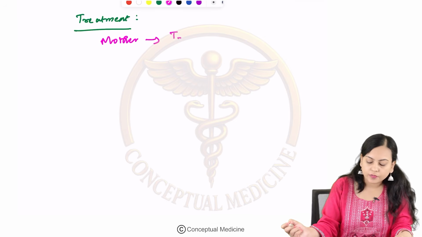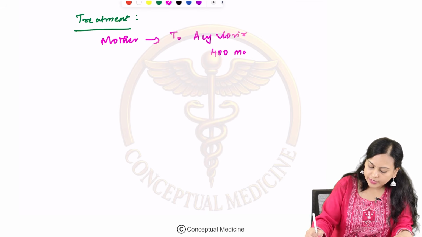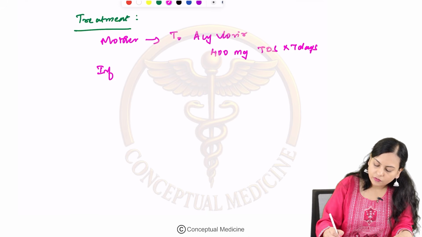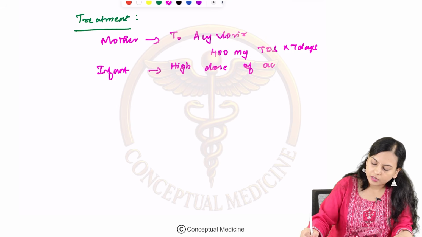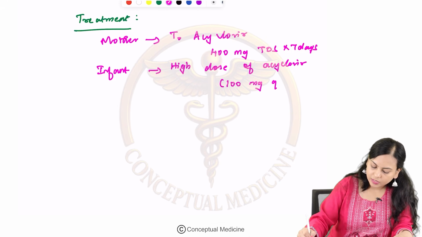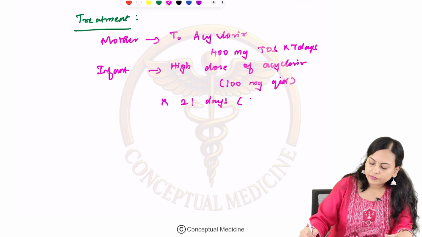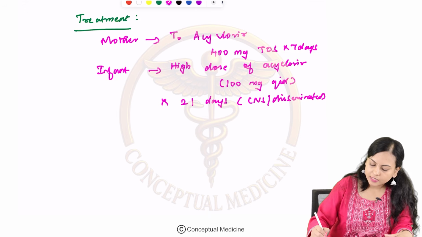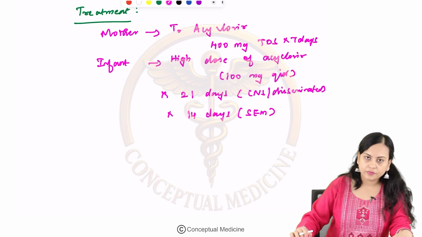Yes, it is acyclovir. So, we will be giving tablet acyclovir 400 milligram TDS for 7 days, and for the infant we will be giving high dose acyclovir, that is given at a dose of 100 milligram QID, and this can be given for 21 days if there is a CNS infection or a disseminated infection, and for 14 days in the SEM disease, right?